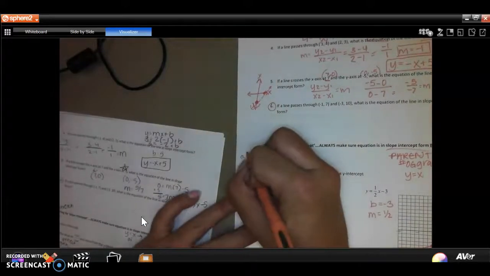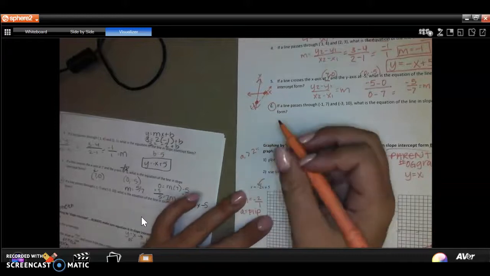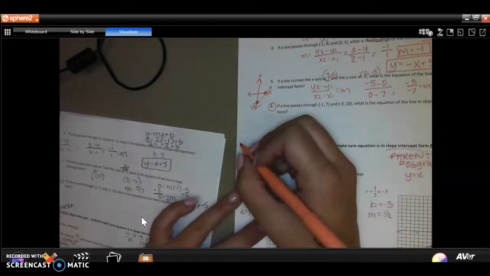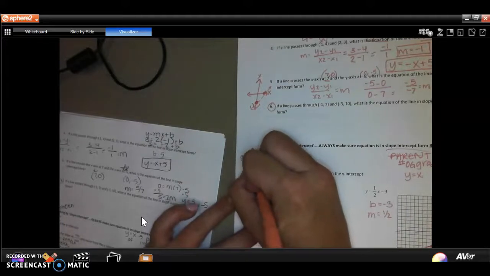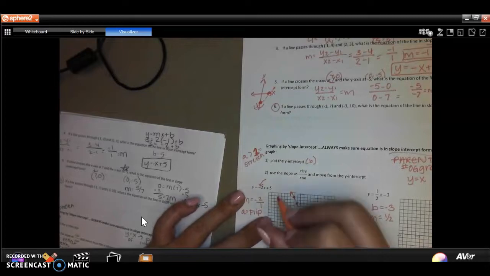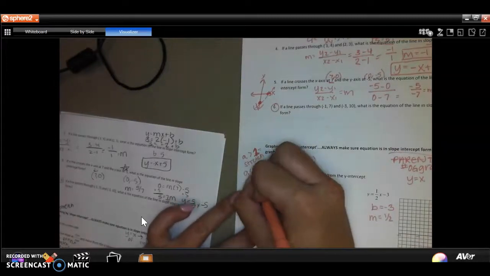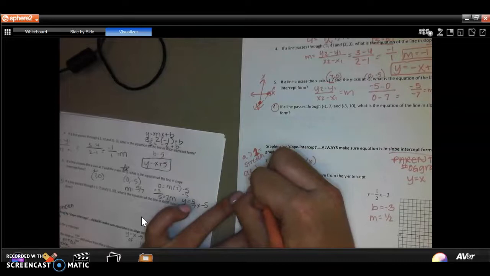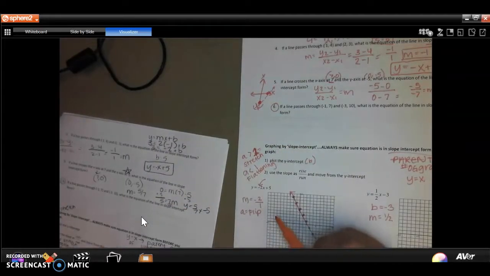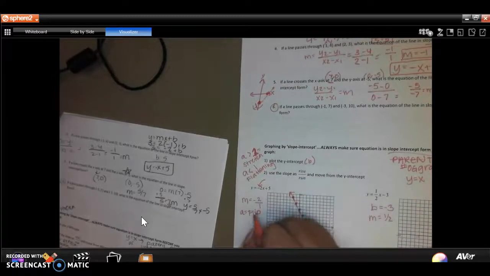So my a tells me that I flipped because it's negative. And the absolute value of my a is greater than 1. If it's greater than 1, that means your graph is stretching out. And if it's less than 1, it's flattening. So a negative means it reflects.